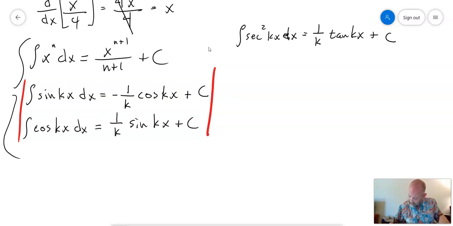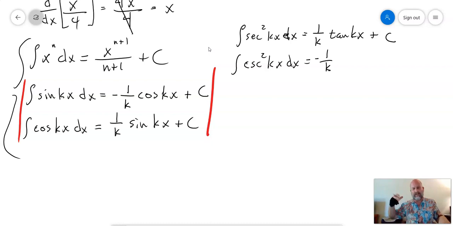The integral of cosecant squared kx dx is going to be negative 1 over k. And that negative just has to do with that alternating sign in the derivatives of sine and cosine. Not cosine, cotangent. Cotangent kx plus a constant.